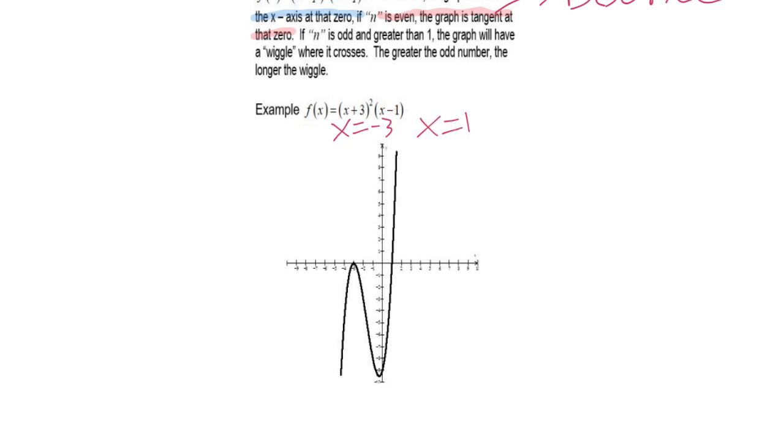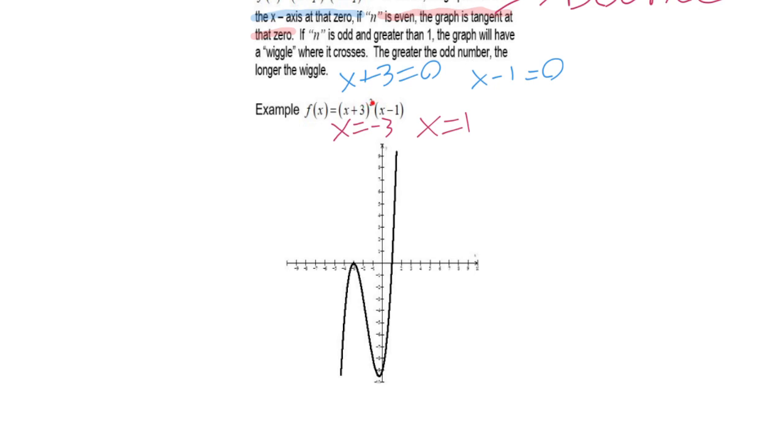Because ultimately, these are the values such that x plus 3 is equal to 0, and x minus 1 is equal to 0. If x plus 3 is 0, x equals -3, and if x minus 1 is 0, x must be +1. If we take a look at our graph, at x equals -3, our graph approaches, touches, and then bounces back.